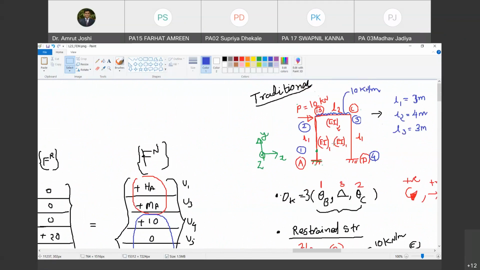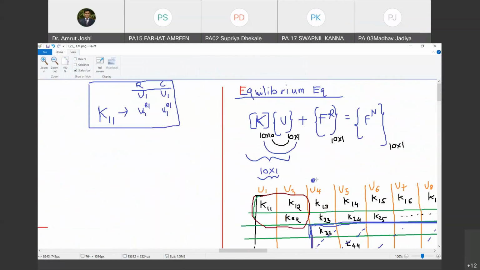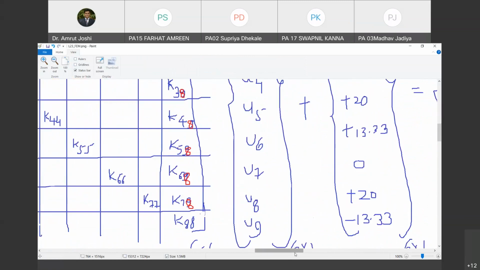Here those slope deflection equations are automatically included. That's the advantage of the finite element method.